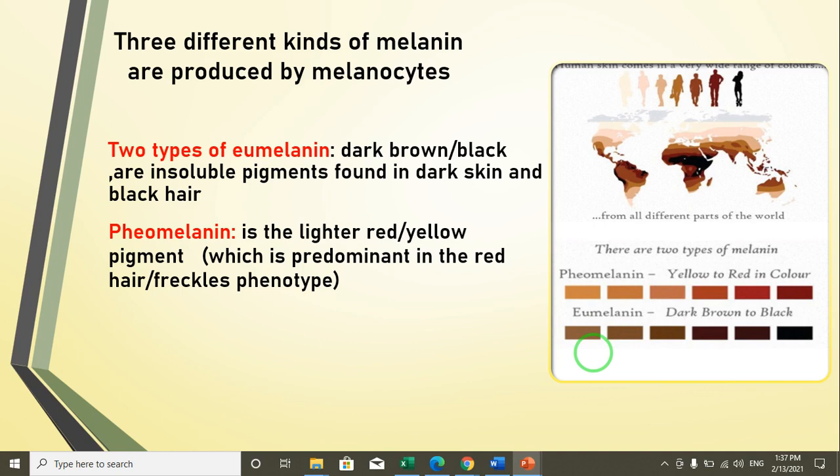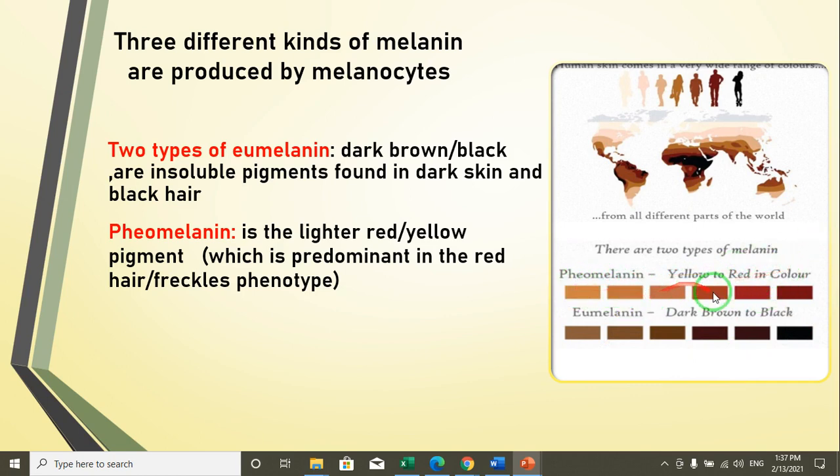The third pigment is pheomelanin, which is responsible for the light yellow or red pigment, and these are found in Caucasians and are responsible for the red hair and the freckles phenotype. We can see in this picture the gradient of pheomelanin from yellow to red in color.